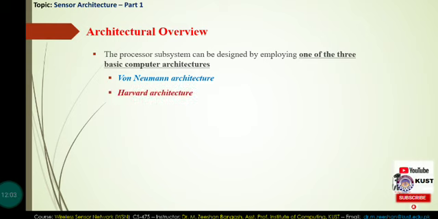The first is the von Neumann architecture, the second is the Harvard architecture, and the third is the Super Harvard architecture. The processor subsystem can be designed by employing one of these three, so you have to choose one of them in order to design an architecture for a sensor.